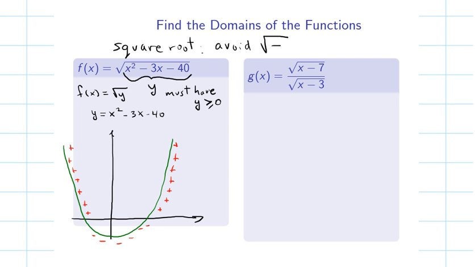So the actual domain of allowable x-coordinates, here's the x-axis, here's the y-axis, are right over here and every x value to the right, and over here, the other x-intercept and every x value to the left. So we just have to figure out where those are, and for that, it's helpful to factor.